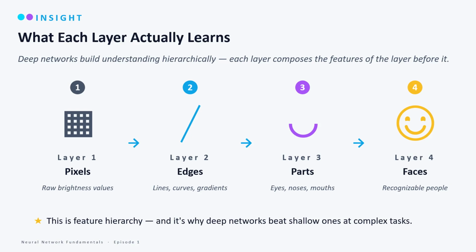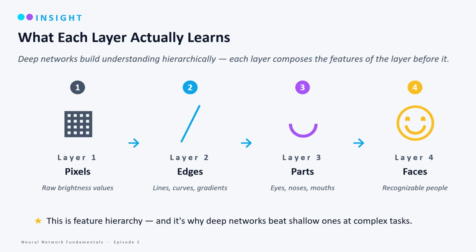Here is the part that blew my mind when I first learned it. Each layer of a deep neural network learns something different, and it builds up like a pyramid. In a face recognition network, layer 1 sees just pixels, brightness values. Layer 2 combines pixels into edges and lines.